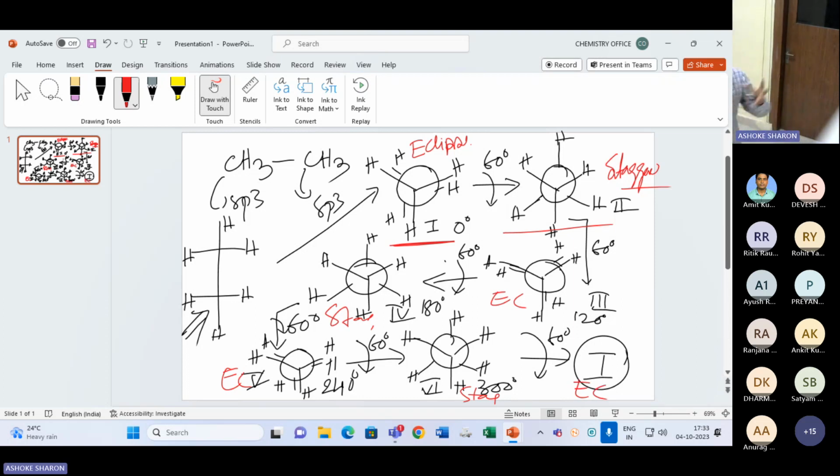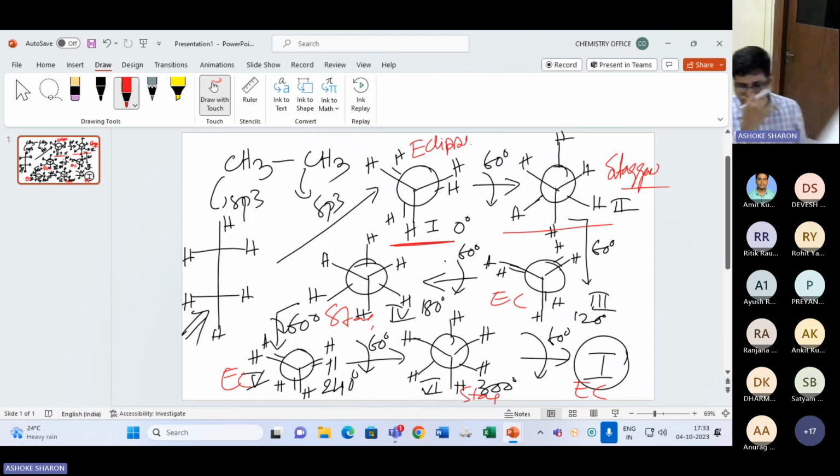Eclipsed means one hydrogen and another hydrogen are facing each other from a very close direction. The angle between them is actually called the dihedral angle, and the dihedral angle is zero here.